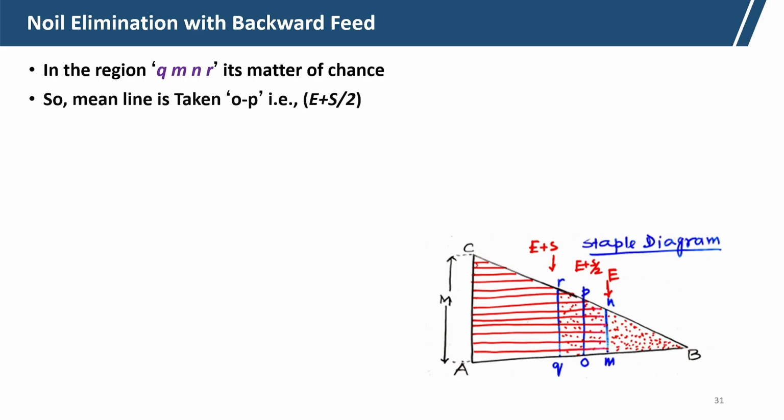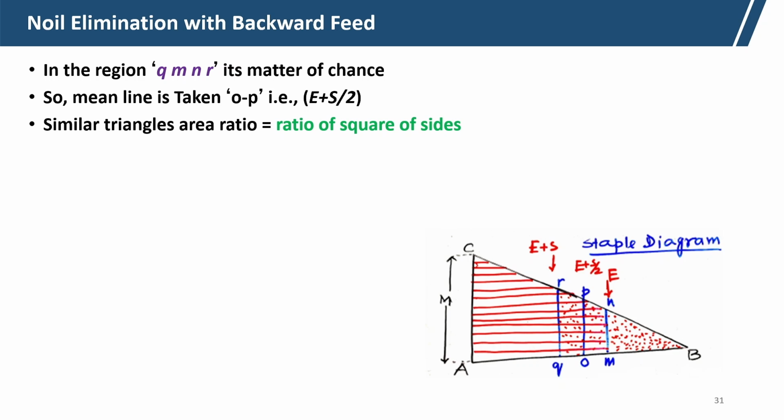So, the mean line is taken, so E plus S by 2, and using the similar triangle ratio, the ratio of the square of sides.